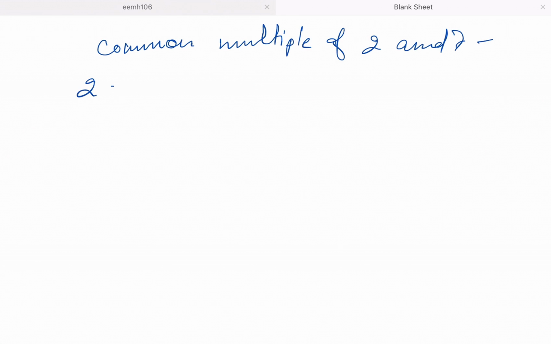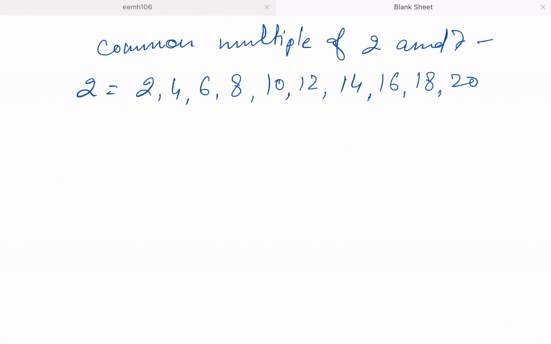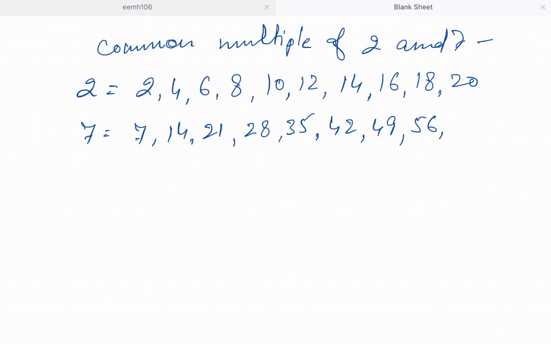You can write the multiples of 2: 2, 4, 6, 8, 10, 12, 14, 16, 18 and 20. And here is 7: 7, 14, 21, 28, 35, 42, 49, 56, 63 and 70.